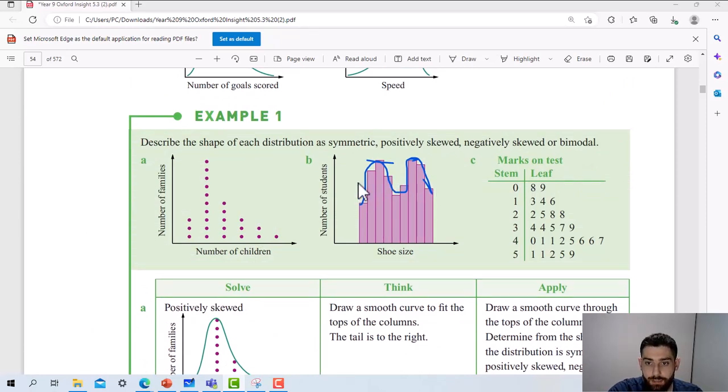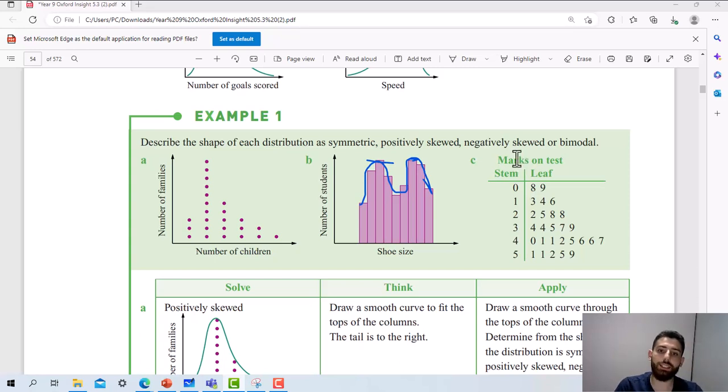The second type is bimodal, because we have more than one peak. How do we draw that? We draw smoothly through the top of each column. The third example, which I like the most because it really represents a real life situation.